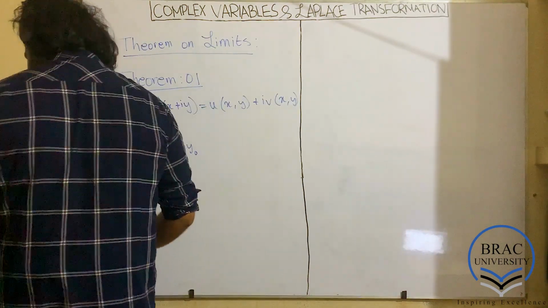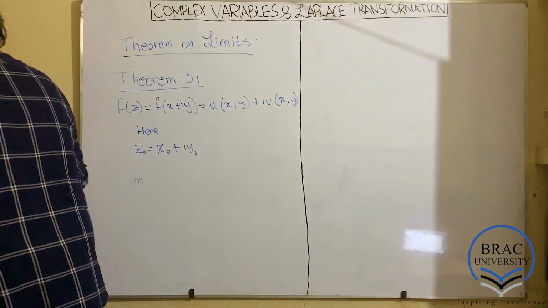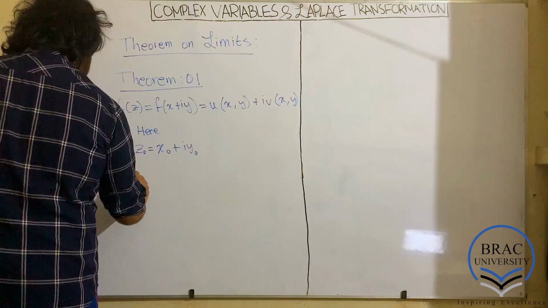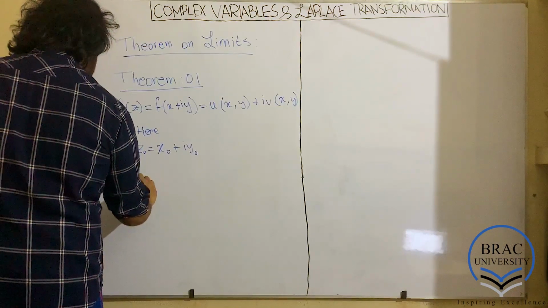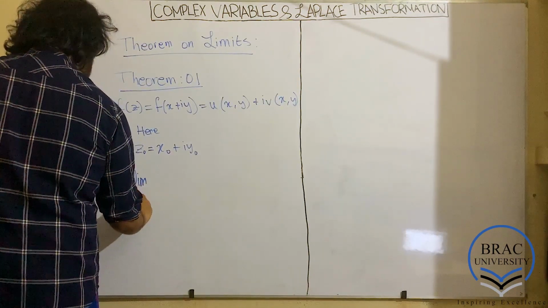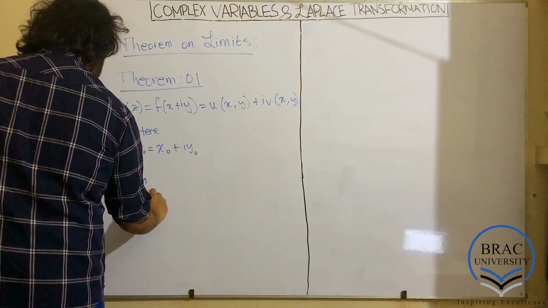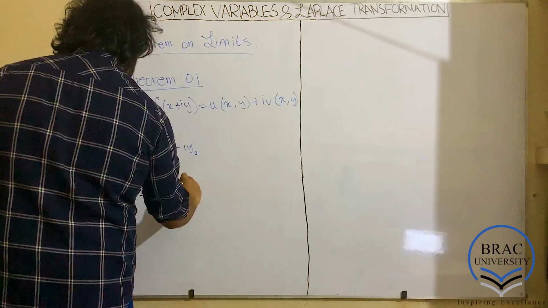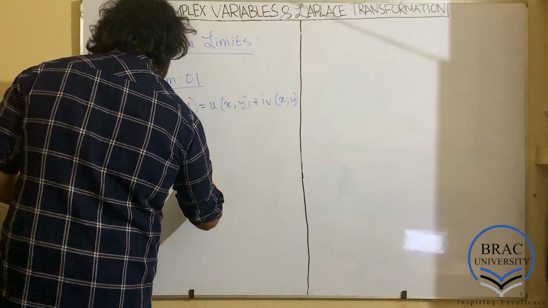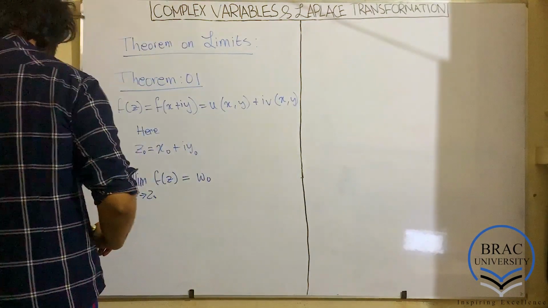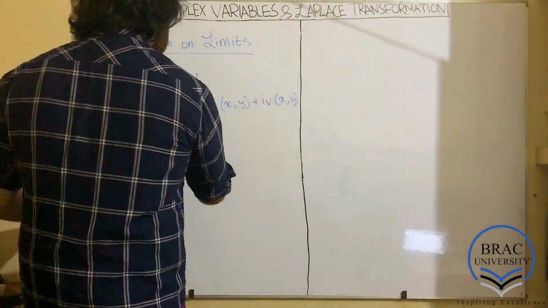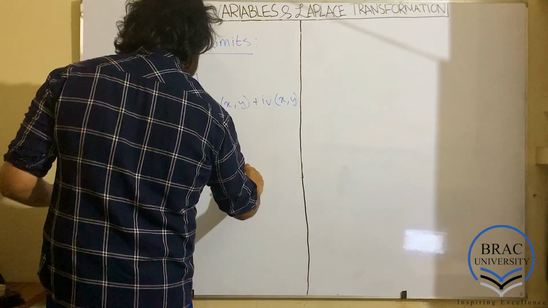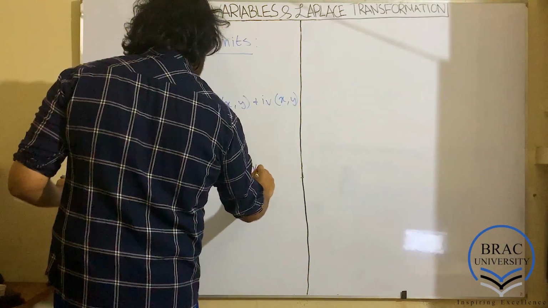And also, as we've seen before, when you take z going to z naught, the function takes z as an input and we get w naught. And here, w naught is basically equal to u naught plus i v naught.